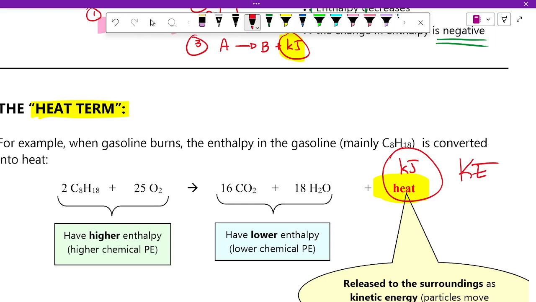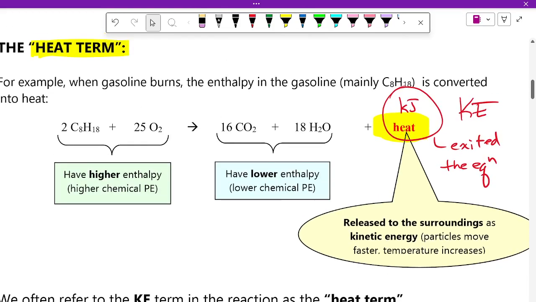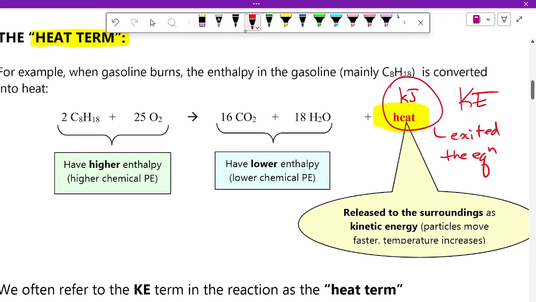The heat has exited the equation. All right. So if we wanted to graph this, try and draw yourself a little mini graph of what that would look like.